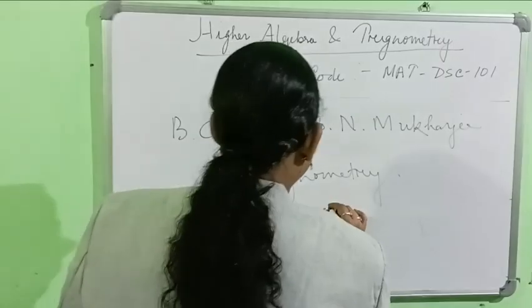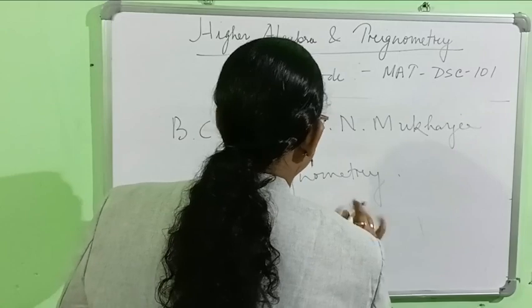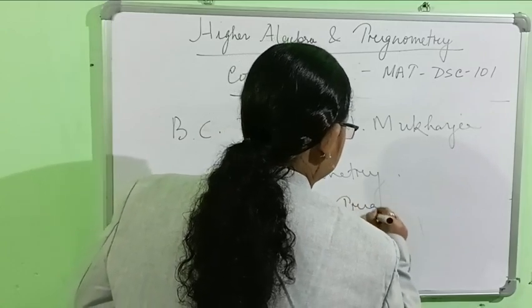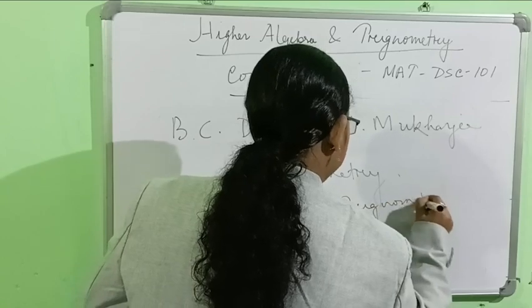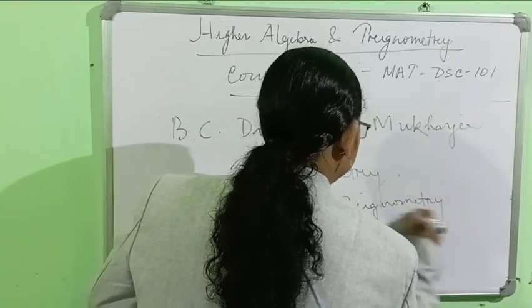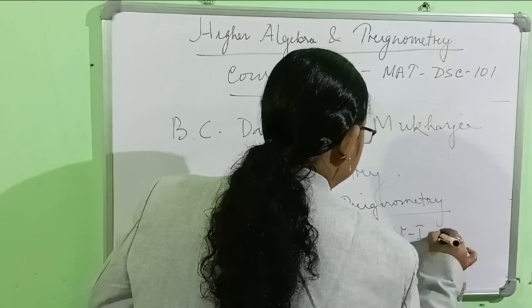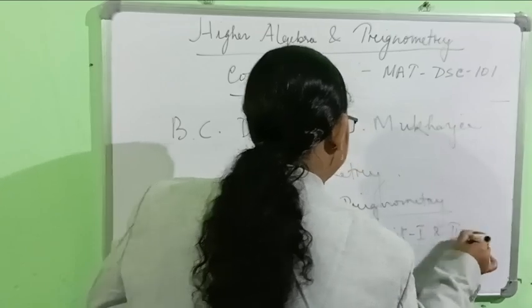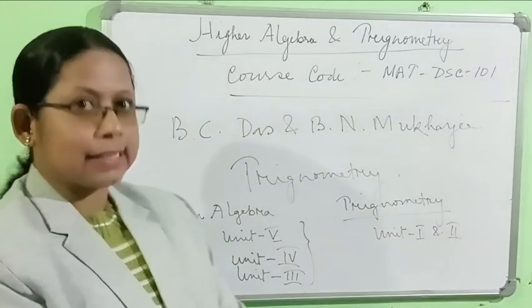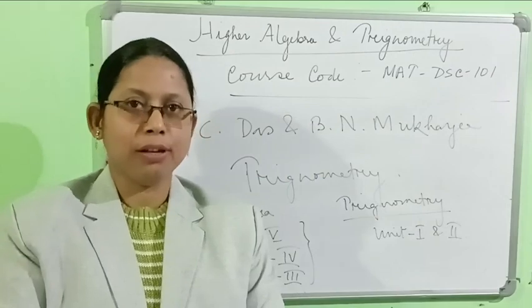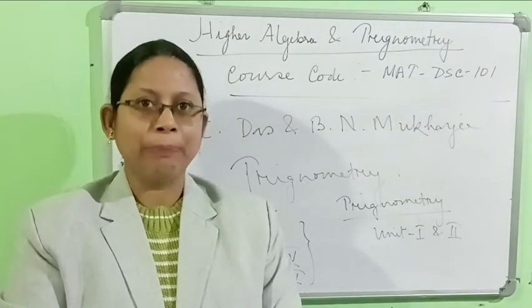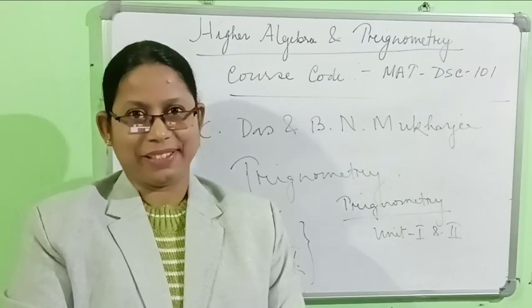Then in trigonometry, I have no option to go in reverse, so I will go in ascending order, that is unit 1, then unit 2. So in next class, in next lecture, I will discuss with you rank of a matrix.